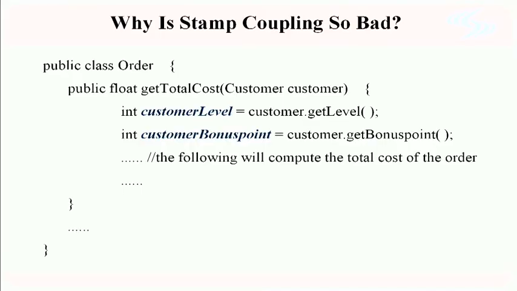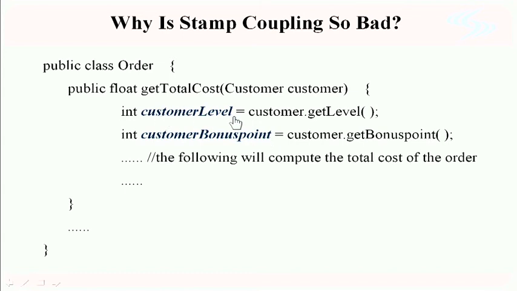So here's an example. Class Order and the method getTotalCost. The parameter is a structure of Customer. Customer is another class, and an instance of Customer is passed as a parameter. Inside the method, the instance's level and bonus point are obtained.